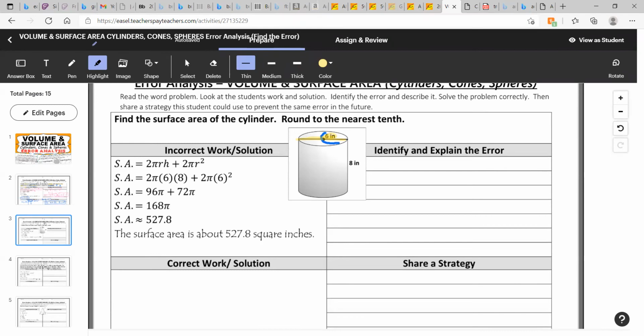That means halfway, which is the radius, the radius will be 3 inches. Half of 6 is 3. And then our height is 8. So now we'll find the surface area of the cylinder.